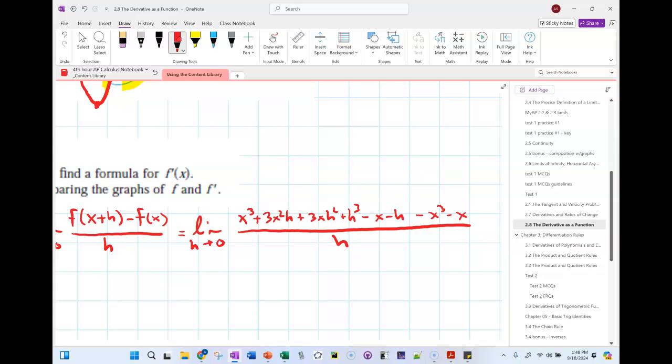I just FOILed out x plus h cubed and then distributed the negative through x plus h, and then distributed the negative through f of x. Now, as a math teacher, I can FOIL out a cubic in my head, but that's not an expectation that you're doing that. If you have to FOIL that out by hand and take some steps and use some writing, that's okay.